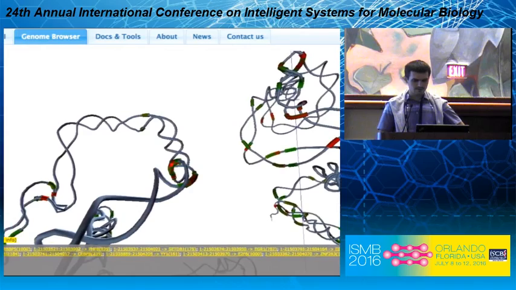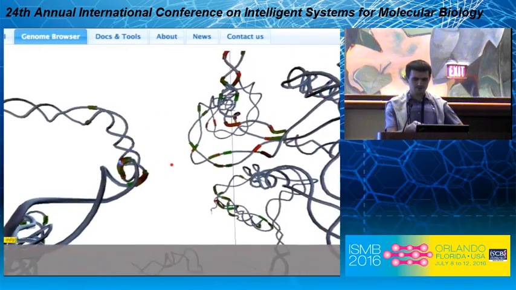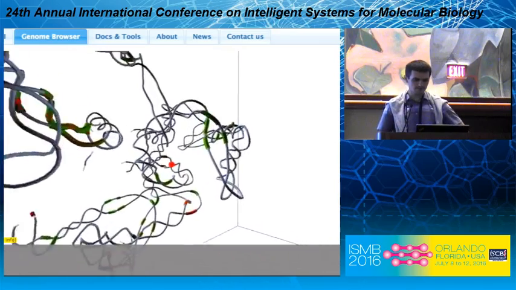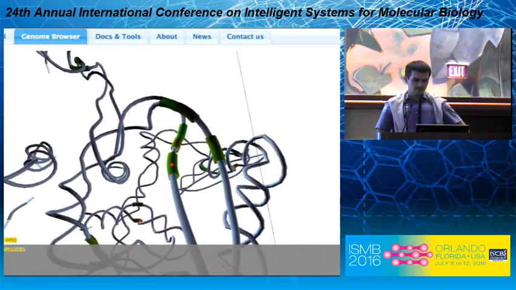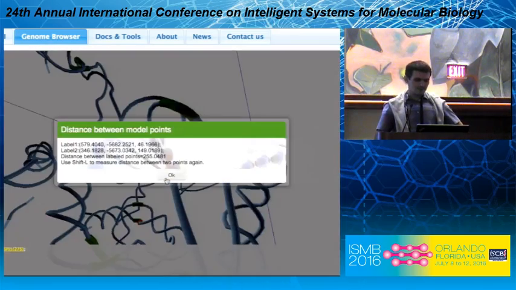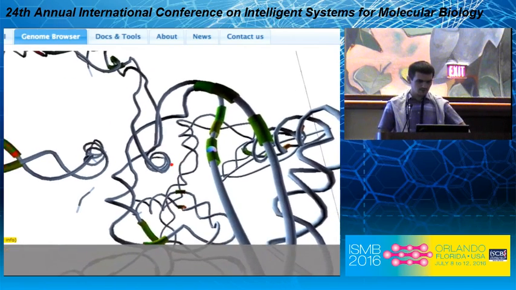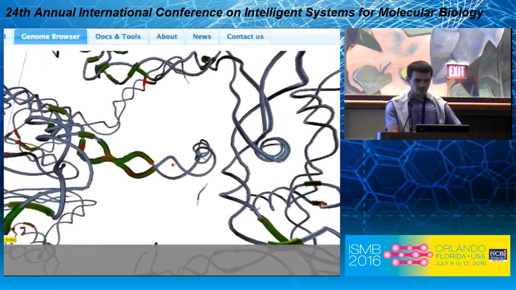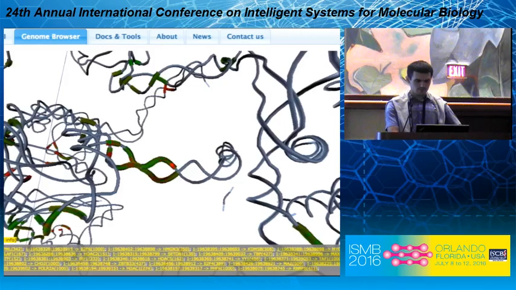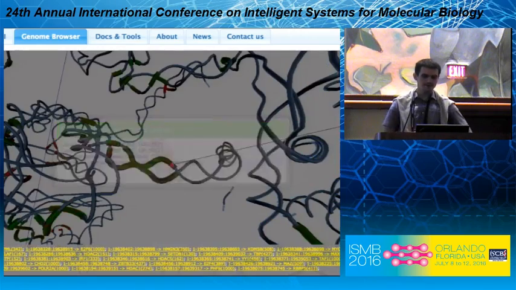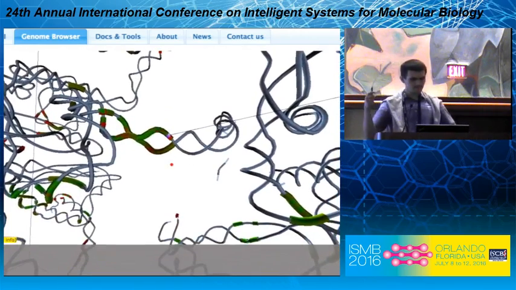On the right you can see that number 1 appears. Here I want to compare with this point. So the distance between the labels is 255 units in terms of the model, of course. Now I want to compare this point and this point. And here 87 units.